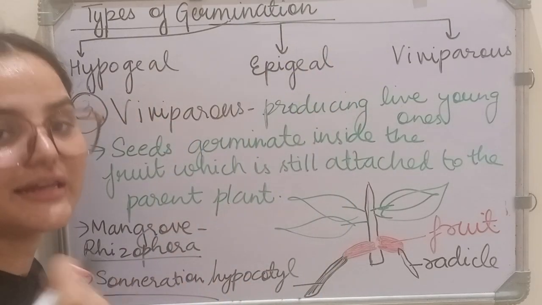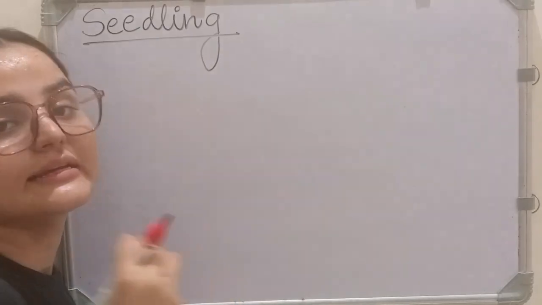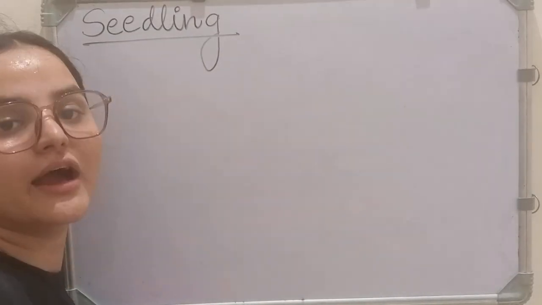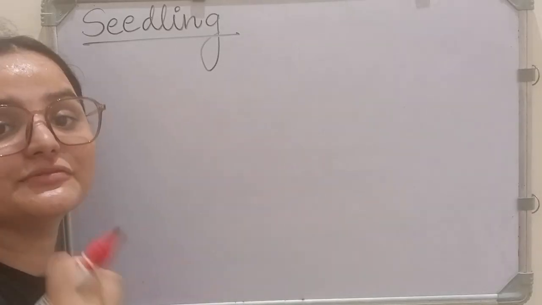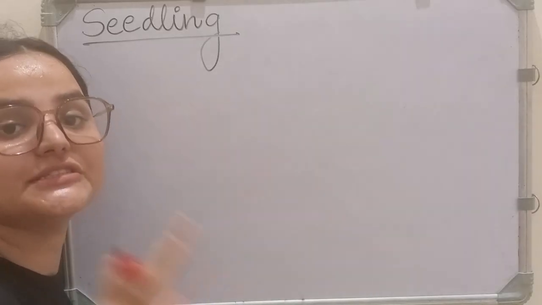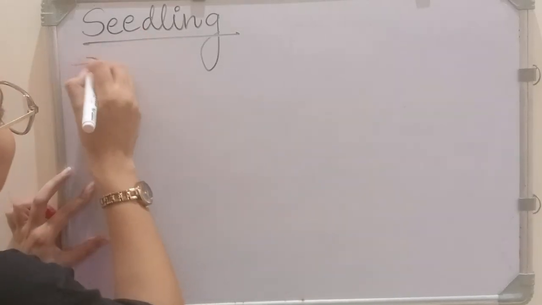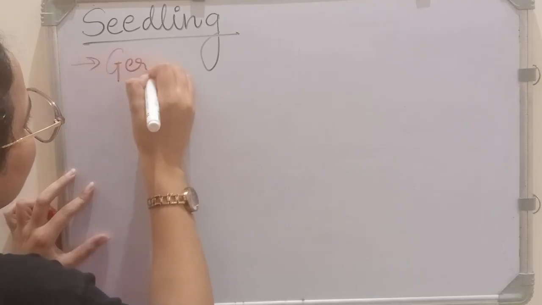Now let's study our last topic, which is seedlings. Seedling refers to a young plant. Germination in any plant ends with the formation of a seedling, which is a young plant.